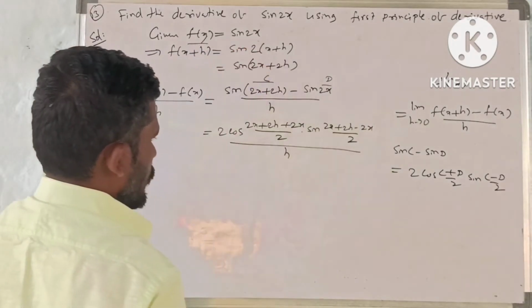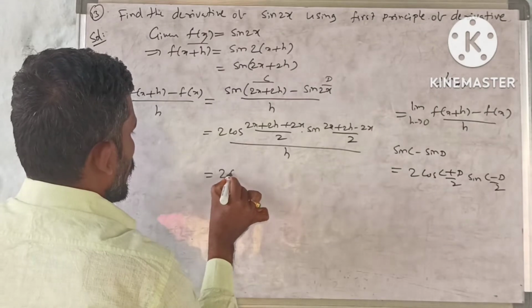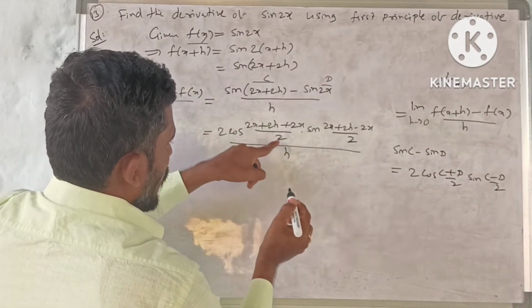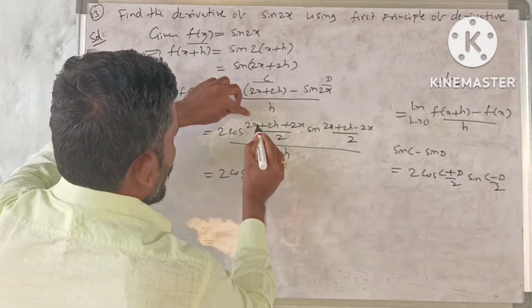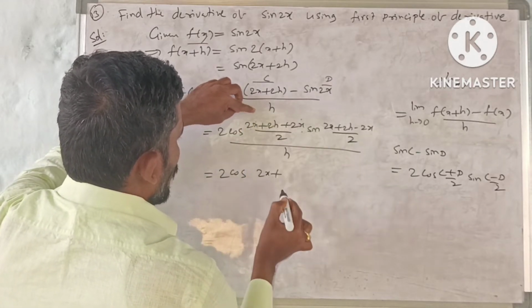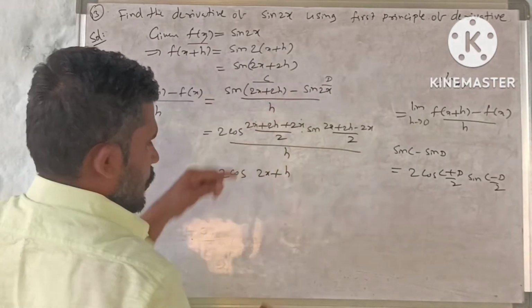So 2 taking common and the denominator will get cancelled, and x plus x is 2x, we will get here 2x plus h.